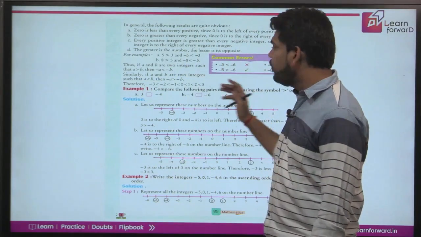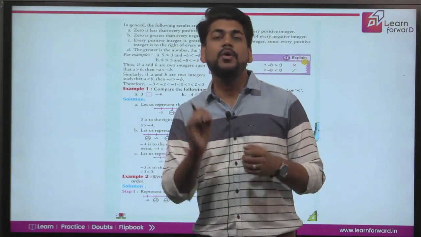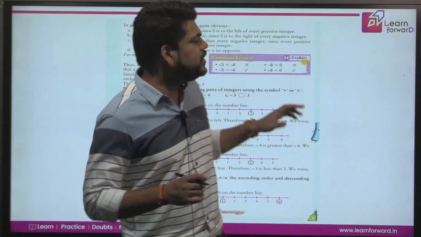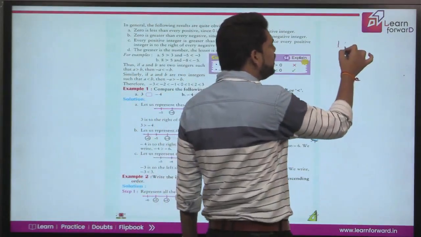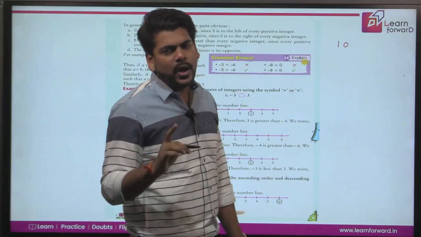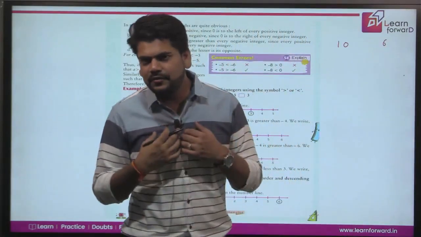For ordering and comparison of integers, let me give you a very basic and very good example of how we can do these questions very easily. If I am on the 10th floor and you are on the 6th floor, who is at more height from the ground level? Me, because I am on the 10th floor and you are on the 6th.